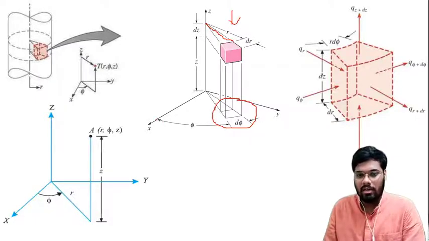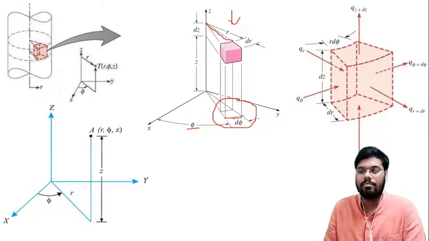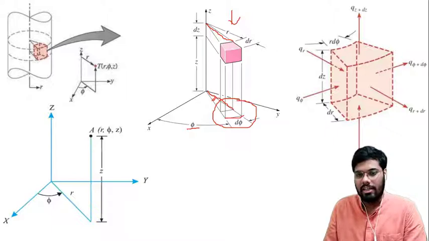This is the angle with the x-axis, which is phi, so the value of this angle would be d phi. Now this side is r, so the value of this line would be r. This is angle d phi.